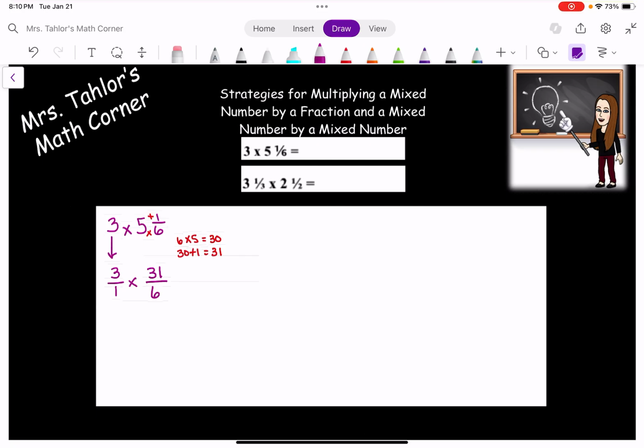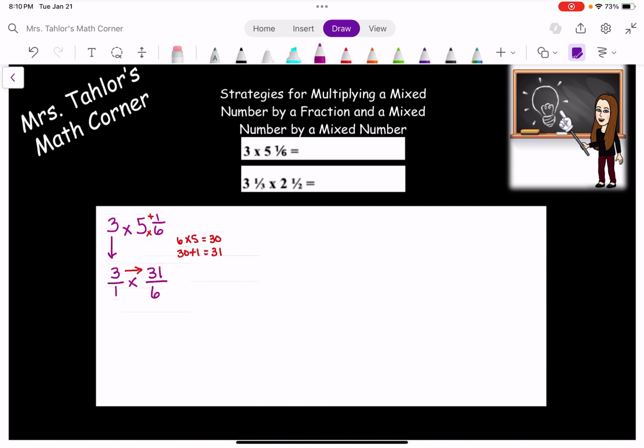If I were to take 31 and divide it by 6, I would get 5 and 1/6, because 6 times 5 is 30, I would have a remainder of 1, which would give me the 1/6. So, now that I've done that, I can go ahead and multiply my fractions as usual. I can start by multiplying my numerators. 3 times 31.